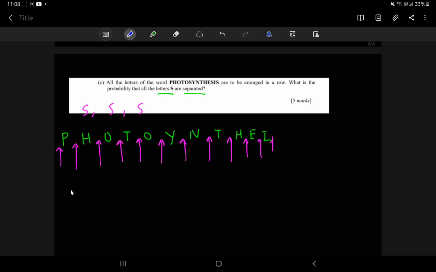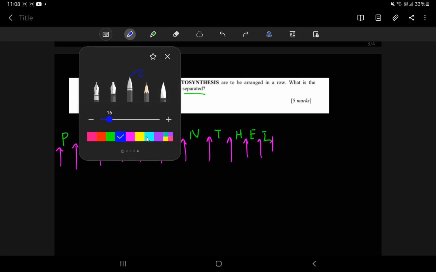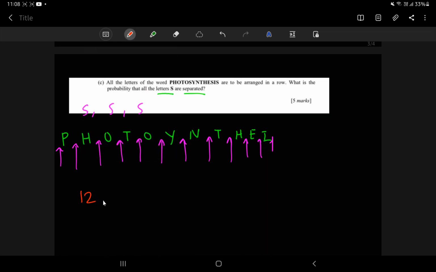How many ways we can arrange them is using combination. So there are 12 places, and we choose 3 of them for the S letters.